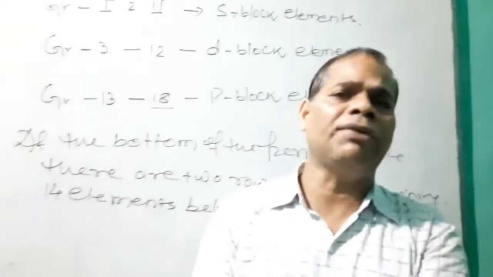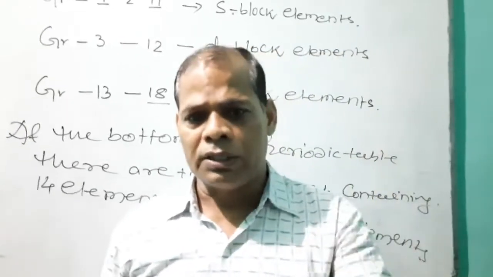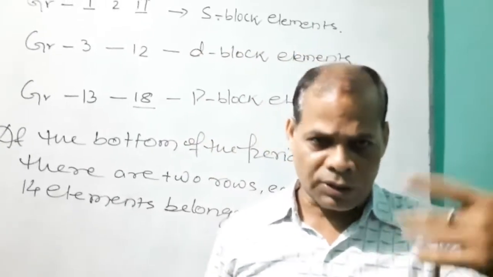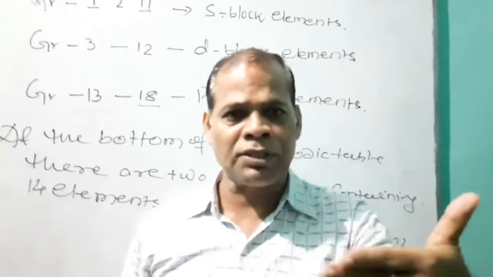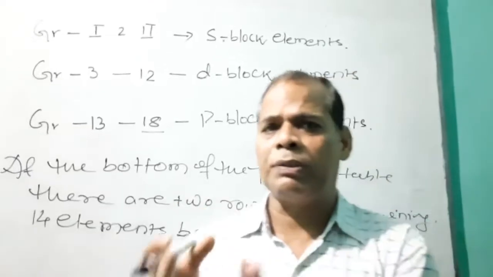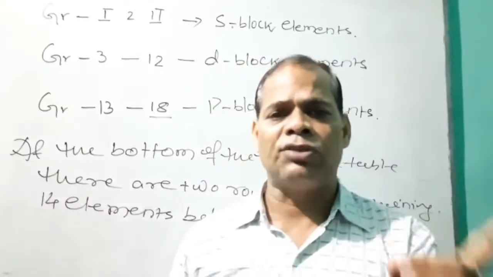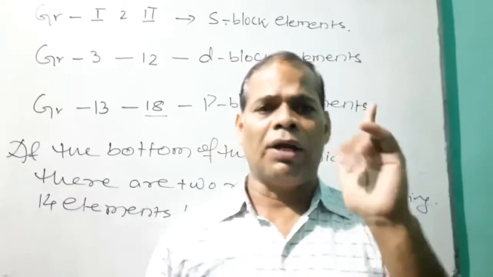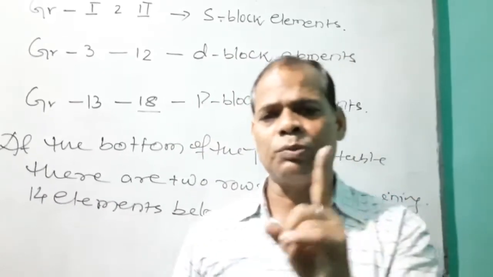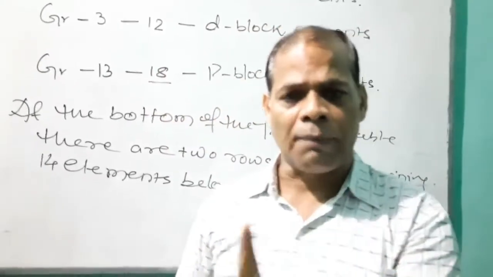So these are very important information, my dear student. Once again I am discussing with you, just recap it. Group 1, group 2 combined with 15, 16, 17 elements form ionic compound. When group 13 is combined with 15, 16, 17, they form ionic compound.